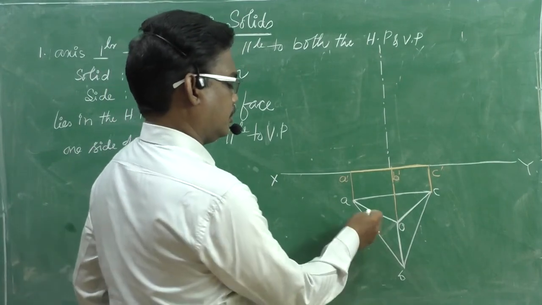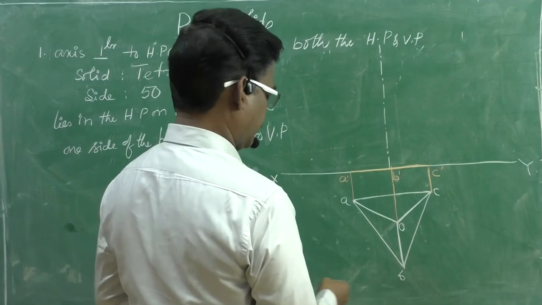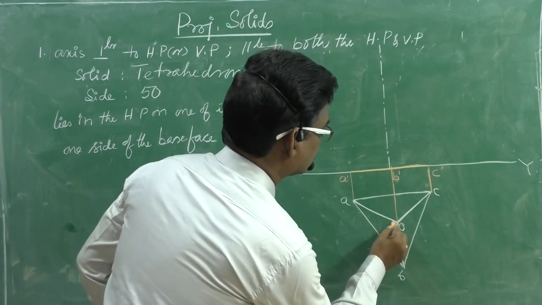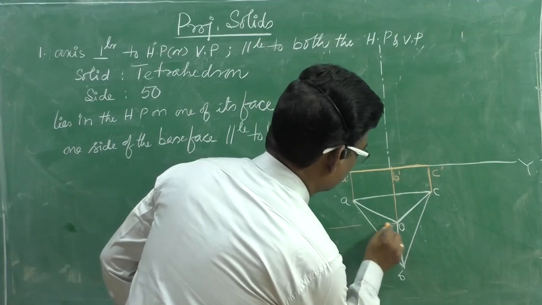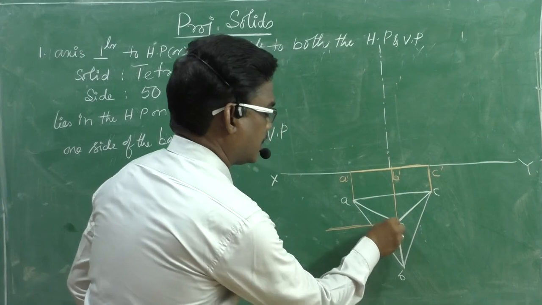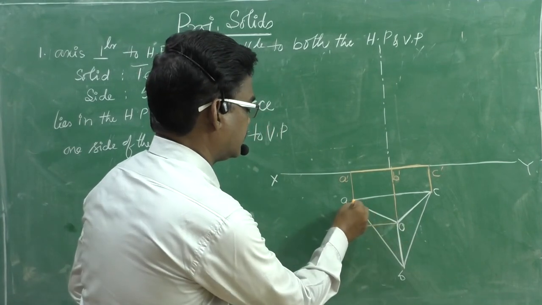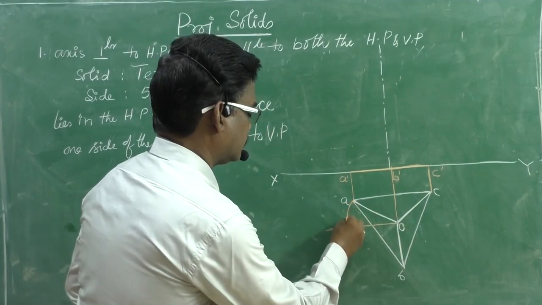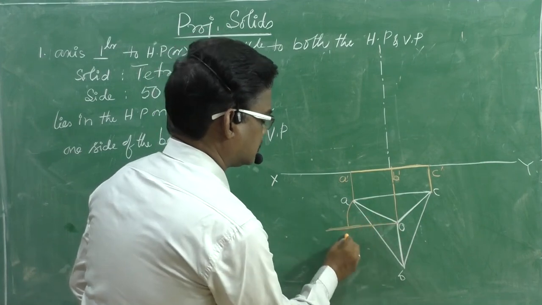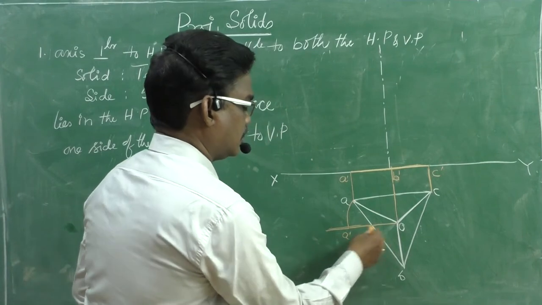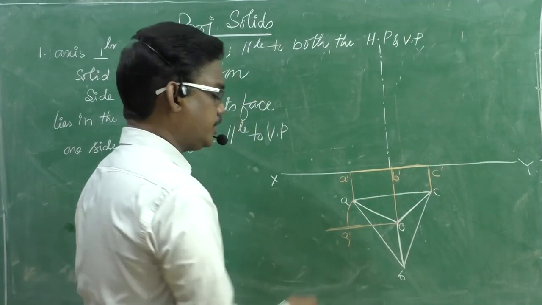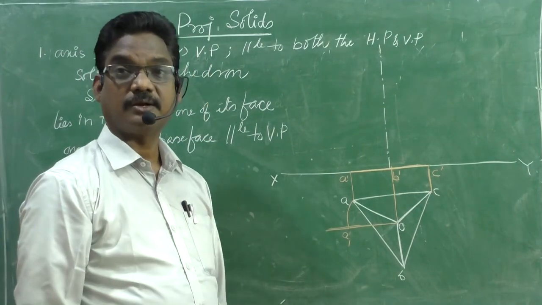Right. Now, OA or OC or OB, you can draw a parallel line to the reference line like this, and with O as center, OA as radius, rotate it. What it indicates: this is A1, and OA1 is parallel to VP.